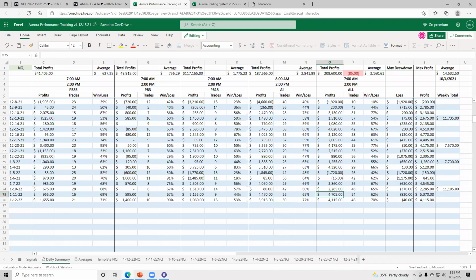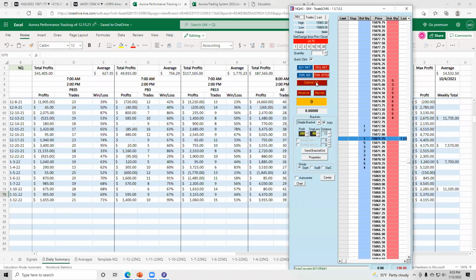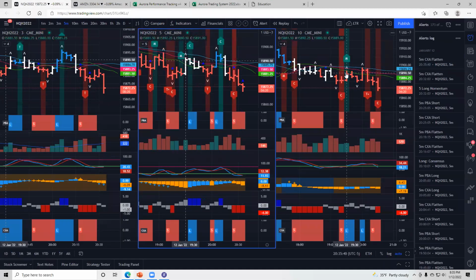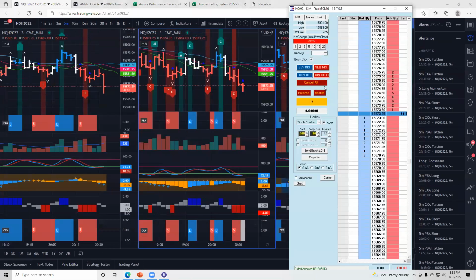Tom's asking, do we adjust the stop loss off the bar open? Yes, I would advise that you adjust off of bar open. So let's see here, what direction are we going to go? If I go short I sell market.